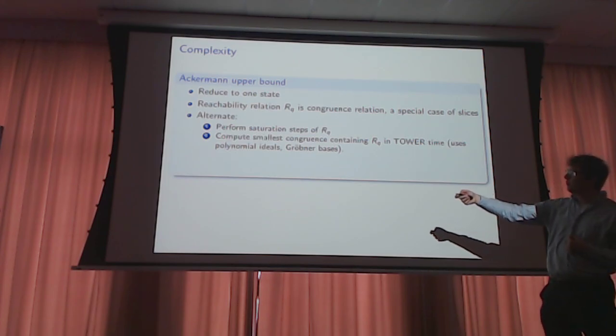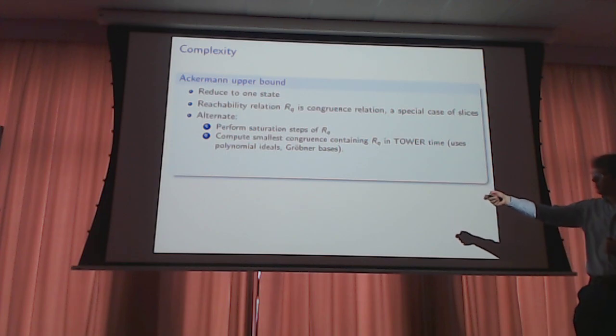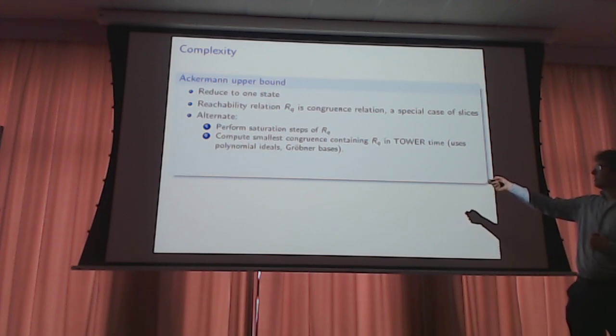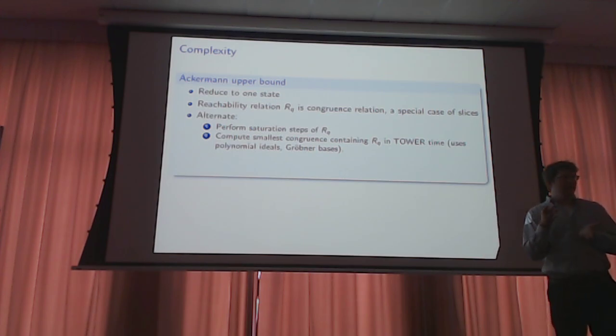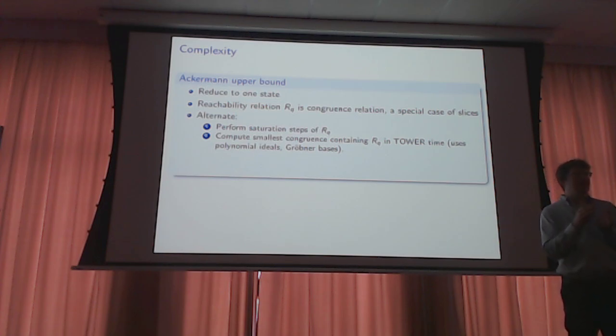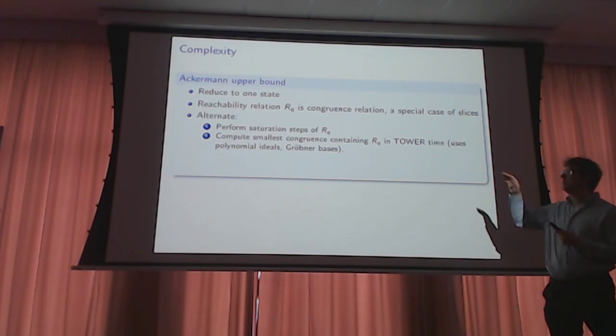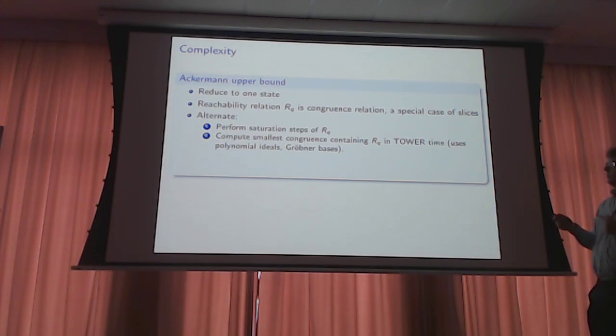And this particular step permits a complexity upper bound. Because there you can use polynomial ideals and Gröbner bases to compute the smallest containing congruence. But for the smallest containing slice of a semi-linear set, there are no complexity upper bounds. So that's why here we use congruences, because one can use the polynomial stuff.